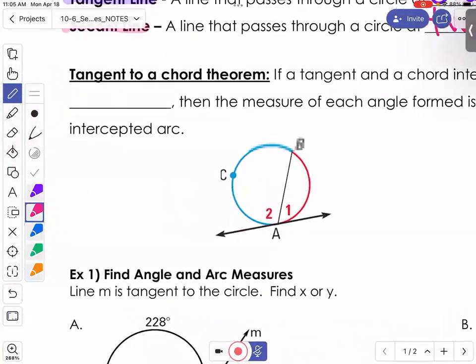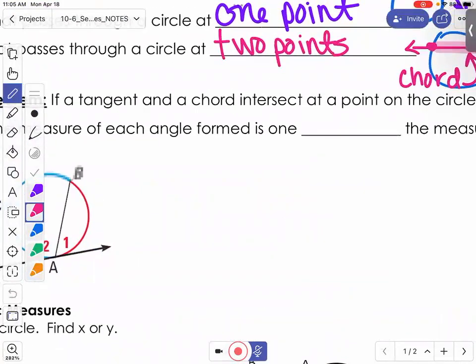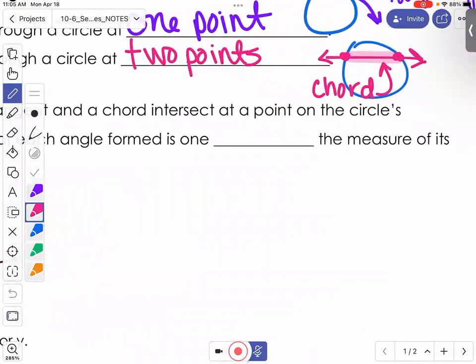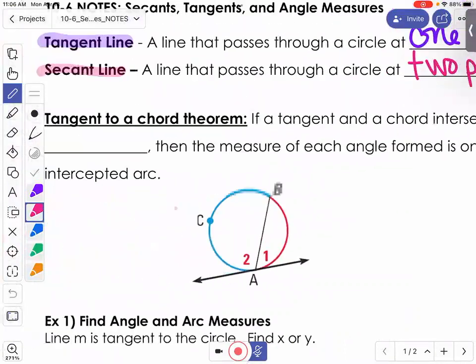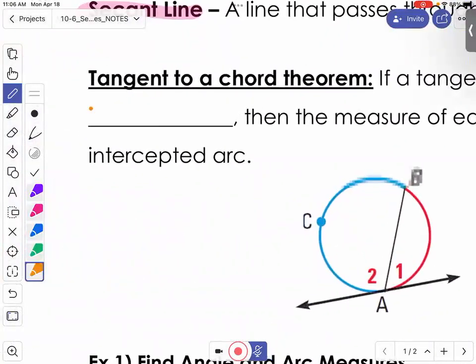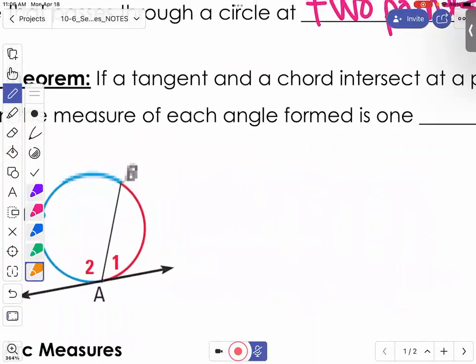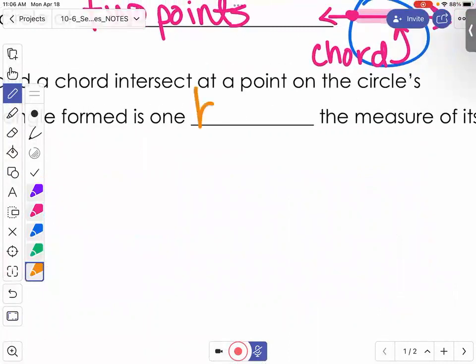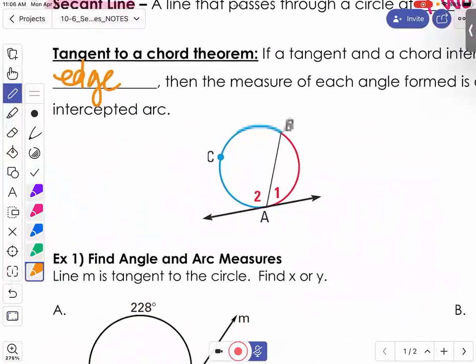Now, when we start merging and intersecting a tangent line with different chords, we get what's called the tangent to a chord theorem. And this specific theorem says if a tangent and a chord intersect at a point on the circle's edge, then the measure of each angle formed is 1/2 the measure of its intercepted arc.